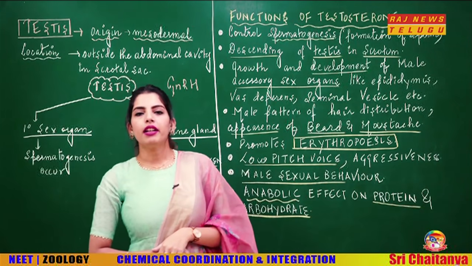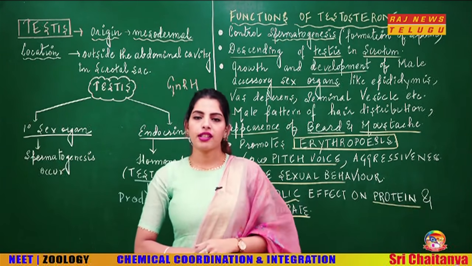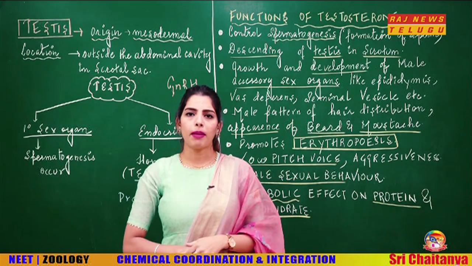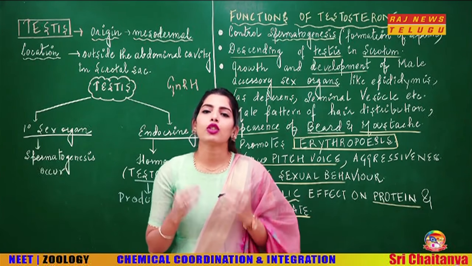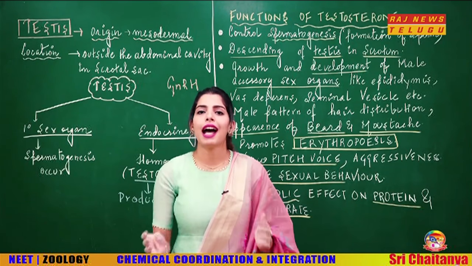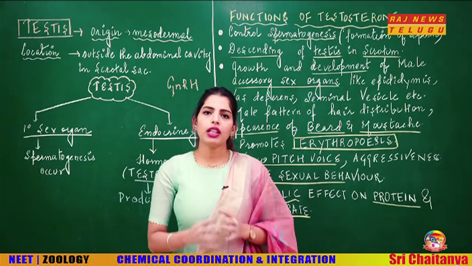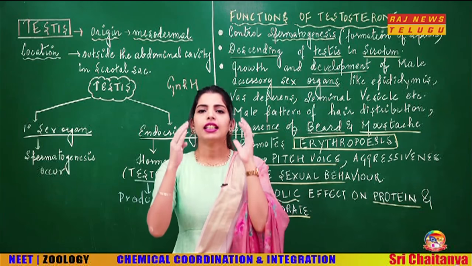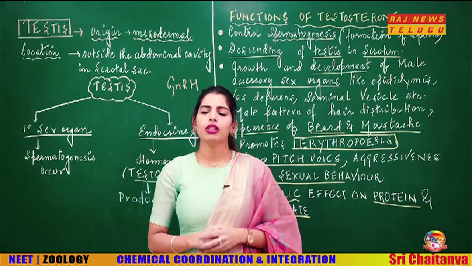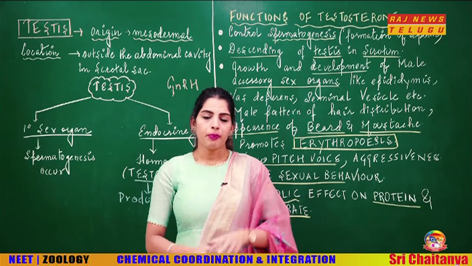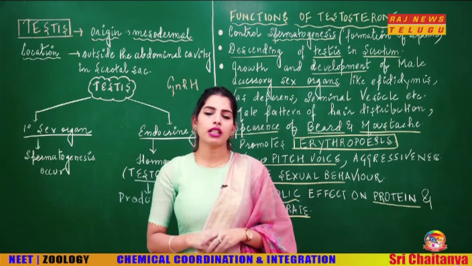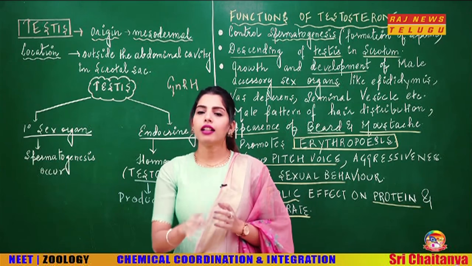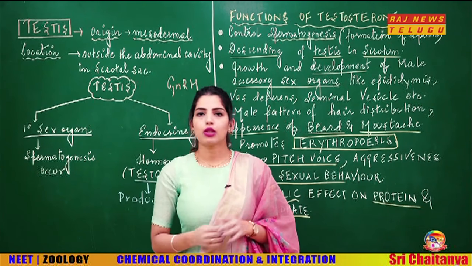Students, you will be learning in next chapters that during the initial development, testis is present close to the kidneys, attached with the kidneys, and during the 7th month of pregnancy, the testis descends down in the scrotal sac. And this descending from upward towards the scrotal sac is taking place under the influence of the testosterone.